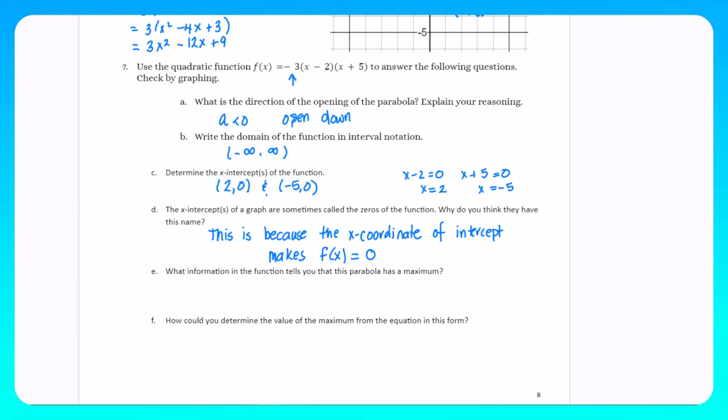So if we take this 0 here, plop it into the function, we're going to get out 0. And you can actually try it. Go ahead. Put the x in here and put the 5 in here. And let me know what happens.